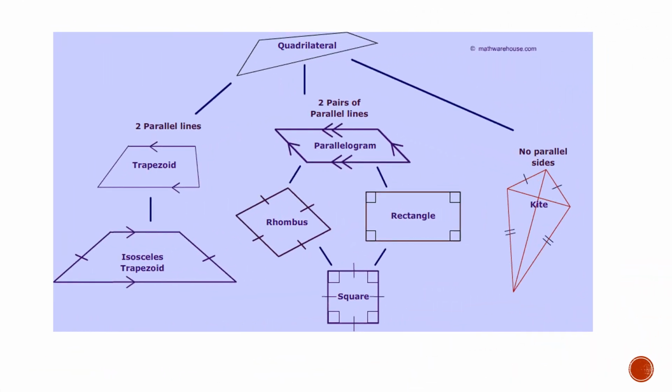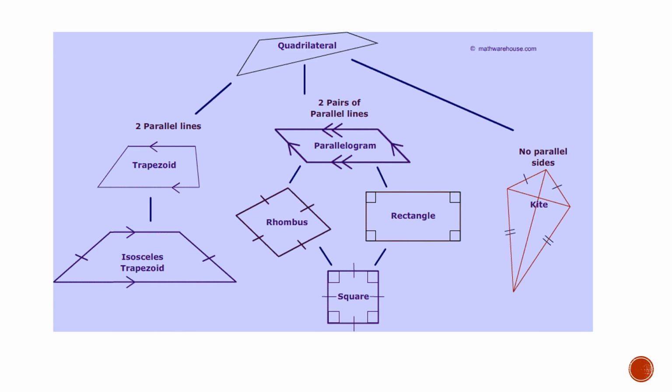Now, let's analyze carefully the diagram. A quadrilateral can be a trapezoid, a parallelogram, and a kite. A trapezoid can be an isosceles trapezoid. A parallelogram can be a rhombus, a rectangle, and a square. Now, an isosceles trapezoid will always be a trapezoid, and a trapezoid will always be a quadrilateral.